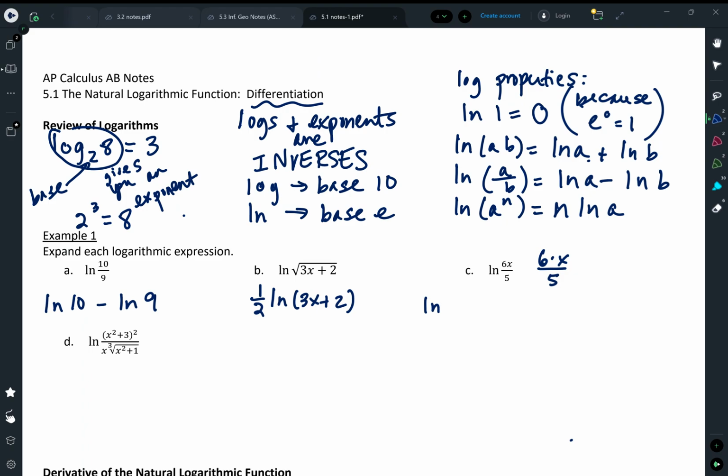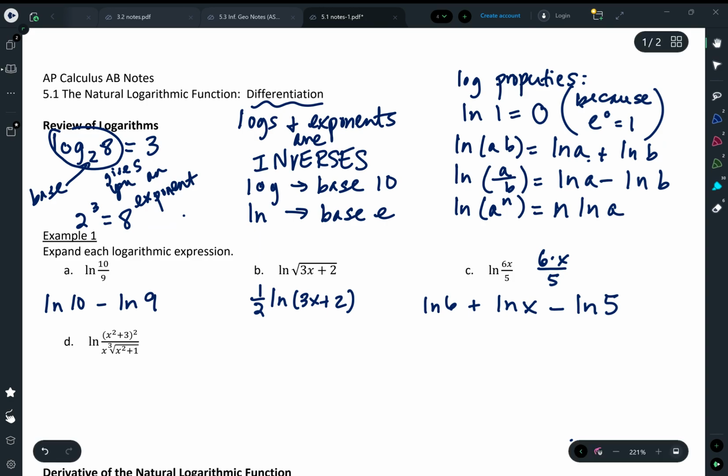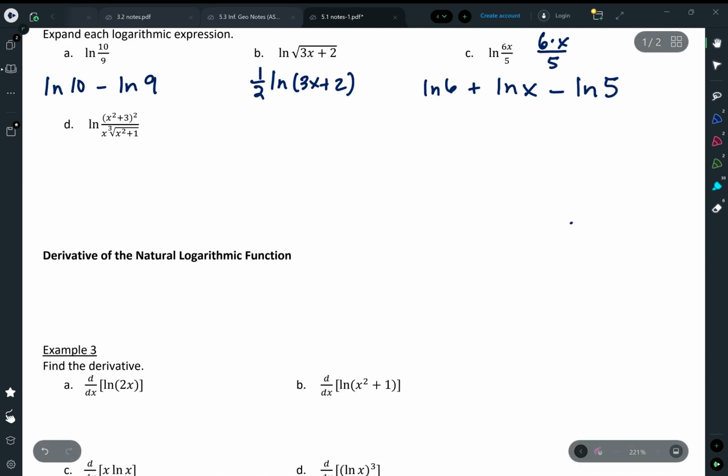So natural log of 6 plus natural log of x. So I can break apart multiplication with addition and then division with subtraction. So minus natural log 5. So hopefully this is all familiar. We spend a lot of time on this in both Algebra 2 and in Pre-Calculus.